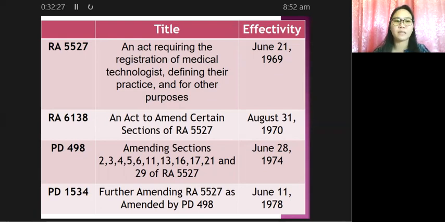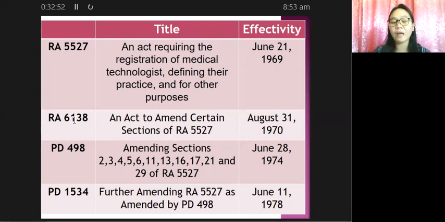First, we have Republic Act 5527, an act requiring the registration of medical technologists, defining their practice and for other purposes. Its effectivity was on June 21, 1969.